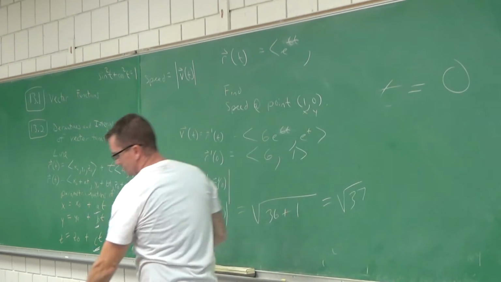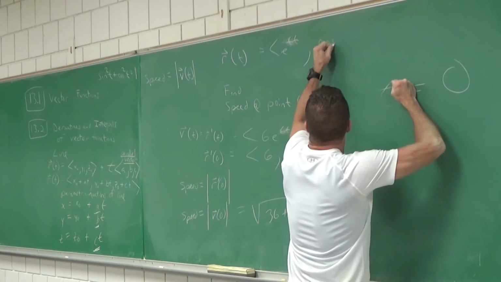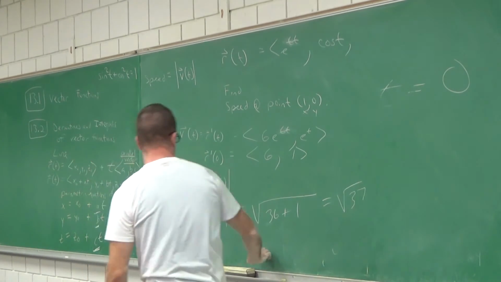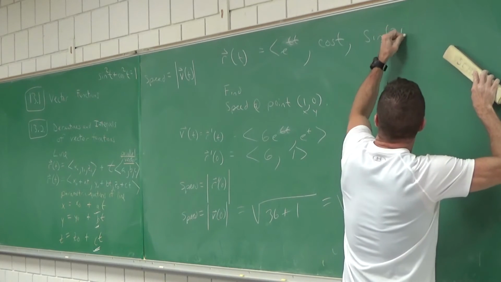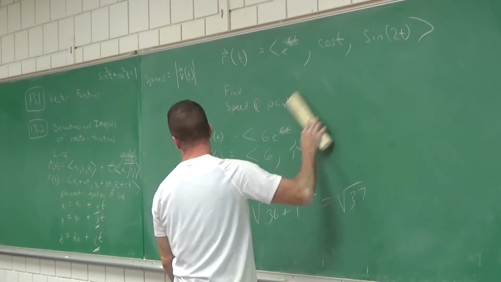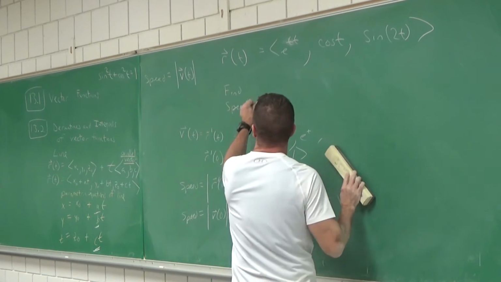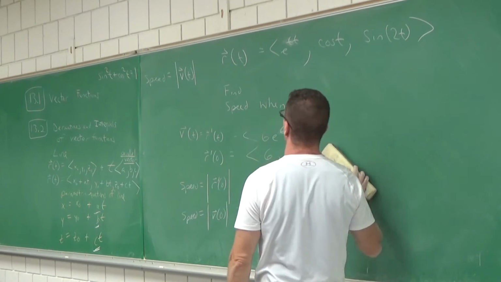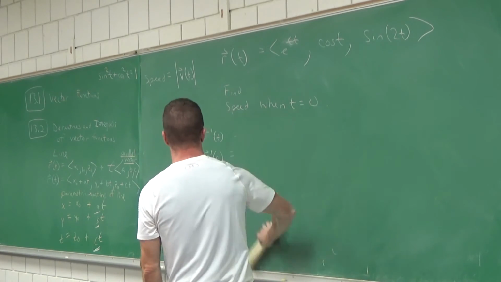It's got 3 components: cosine of t, sine of 2t. Can you find the speed when t equals 0? This time they told you the t value.